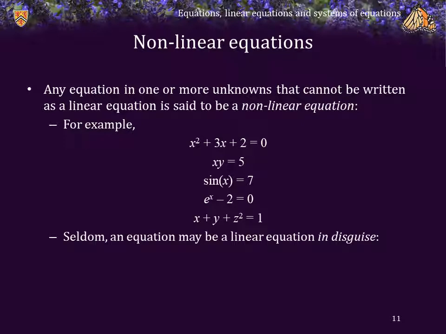Now, seldom, but on occasion, an equation may appear to be a nonlinear equation, but is in fact a linear equation in disguise. So in this example, you may note that if we were to multiply both sides by y, then we have a linear equation in x and y.